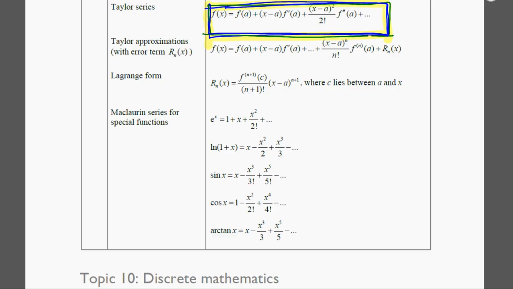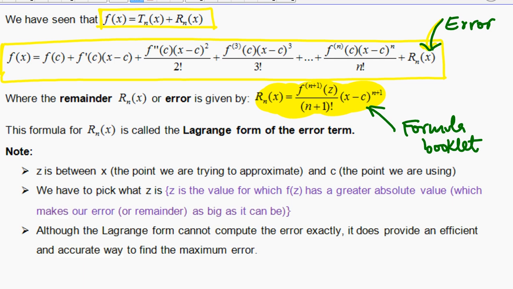I've used Z instead of C, but it all means the same thing. The proof for the Lagrange form of error term is beyond your syllabus, but you just have to know how to use it.